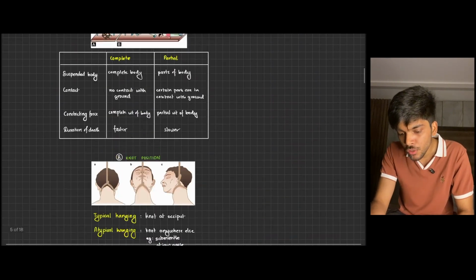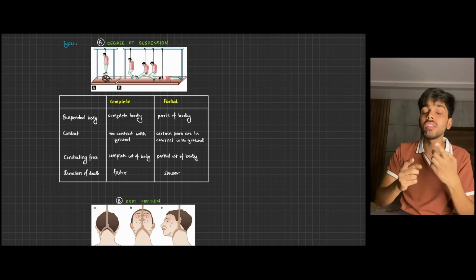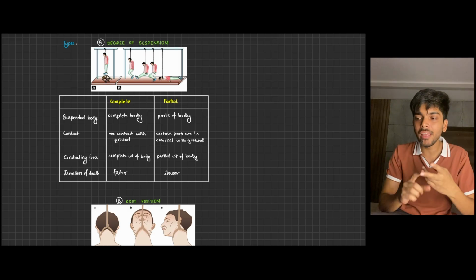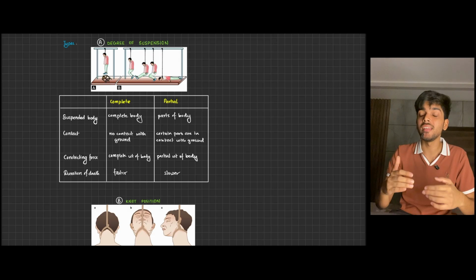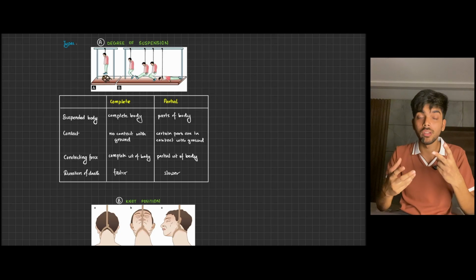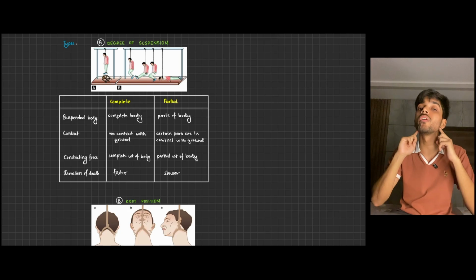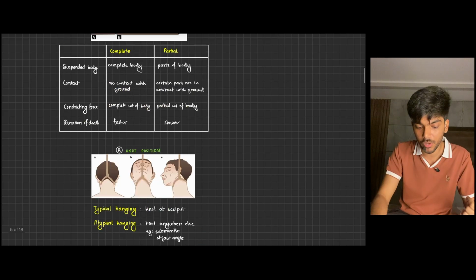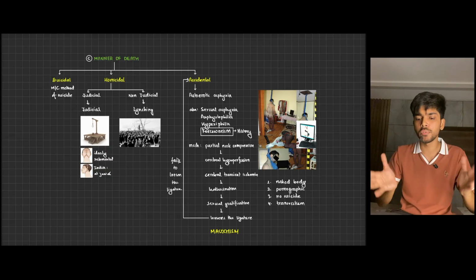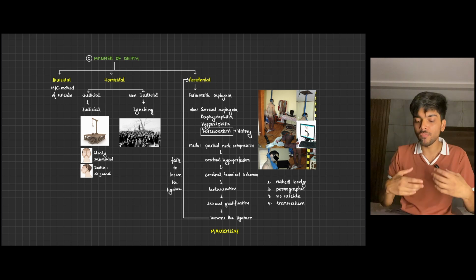All right. So those were the various types of hanging. Number one, on the basis of suspension, you have complete hanging where the total body of the person is elevated or suspended, or incomplete hanging where the body is hanging partially, that is, some part of the body is in contact with the ground. Number two, on the basis of knot, you have typical hanging where the knot is at the occiput and atypical hanging where the knot is everywhere else other than the occiput. And then on the basis of manner of death, suicidal, which is the most common method of suicide, homicidal like judicial hanging or lynching, and accidental where you have autoerotic asphyxia.